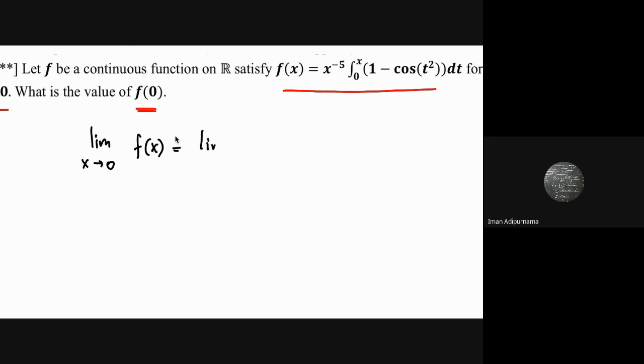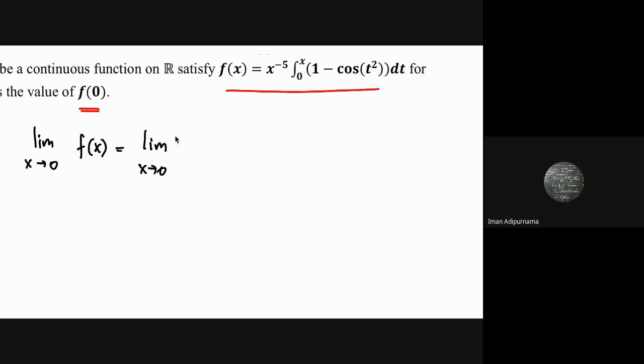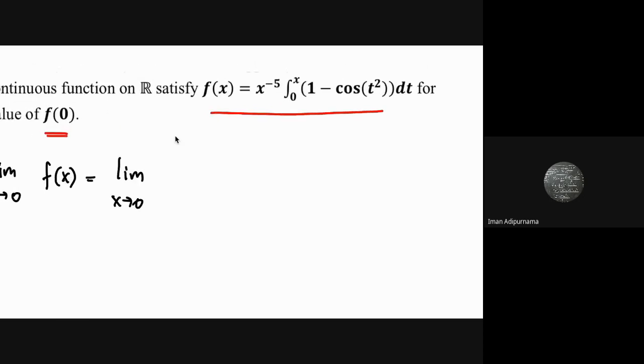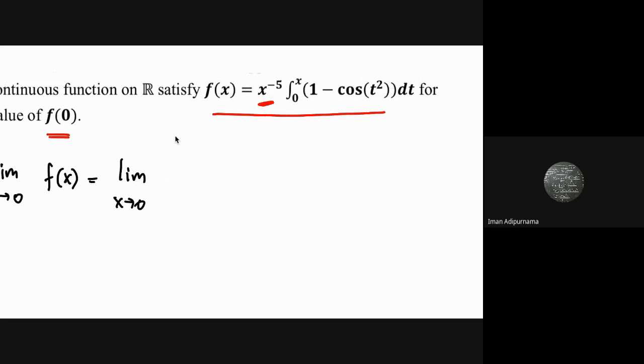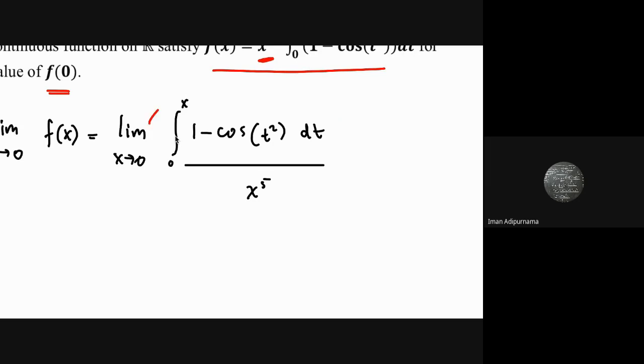Then we can look at the limit. I can write this x with power of -5 on the denominator, right? Now first, if we evaluate the limit, this will result in 0 over 0, and we may apply the L'Hopital rule.